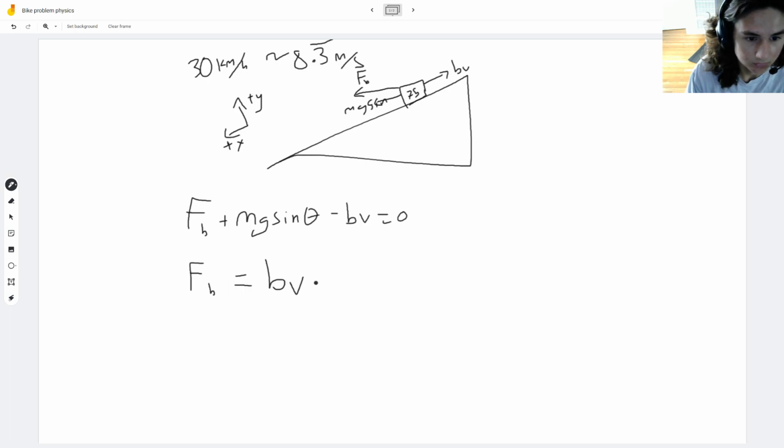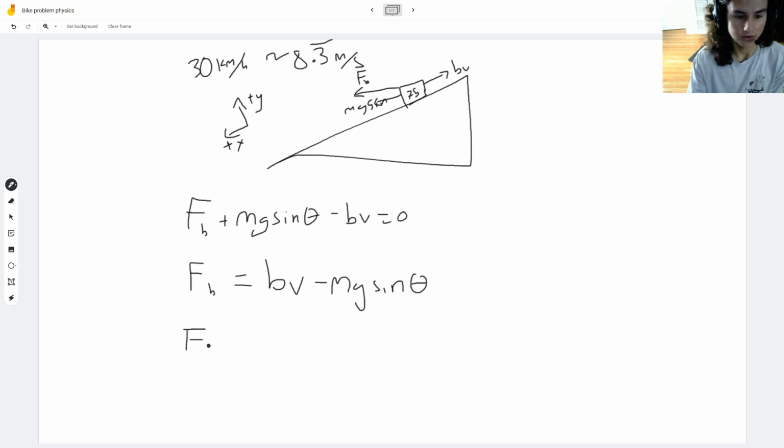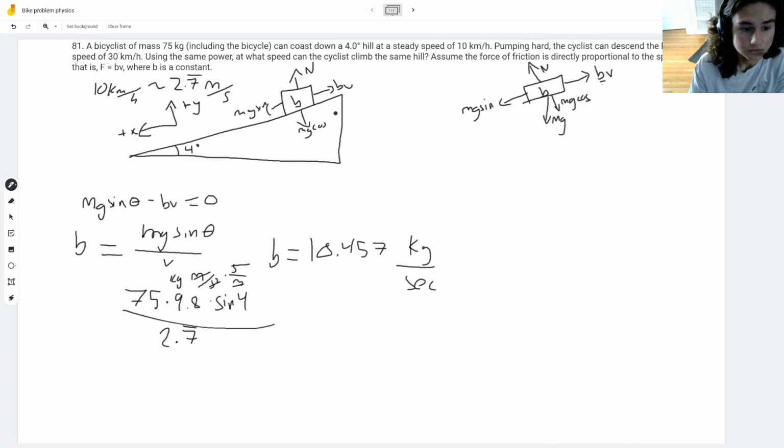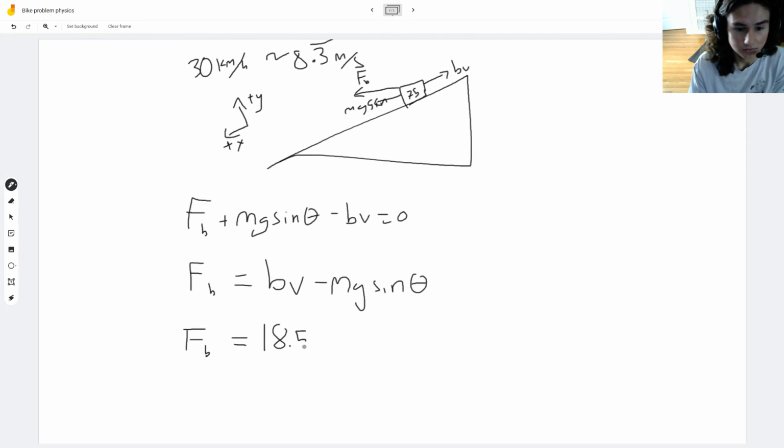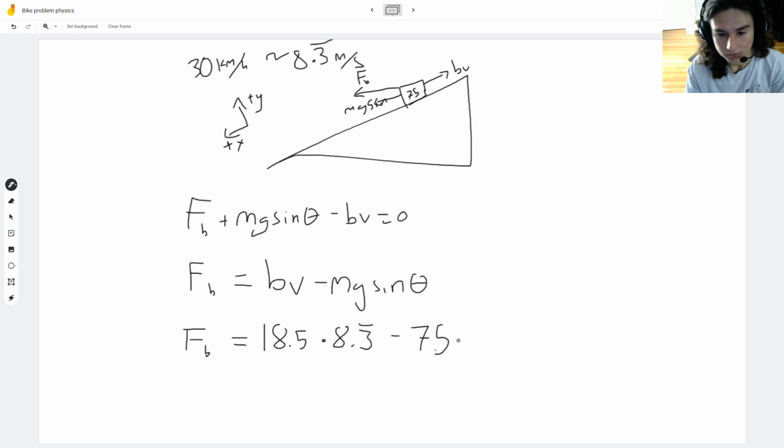So bv minus mg sine theta. We know all of these values because we've just calculated b. We said b was 18.457, I'll just say 18.5, times our velocity, 8.3 repeating, minus mg sine theta, that's 75, not 7.5, times 9.8 times sine of 4.